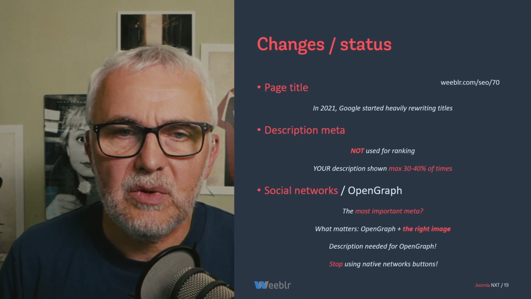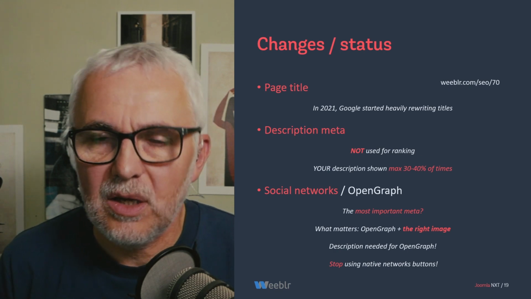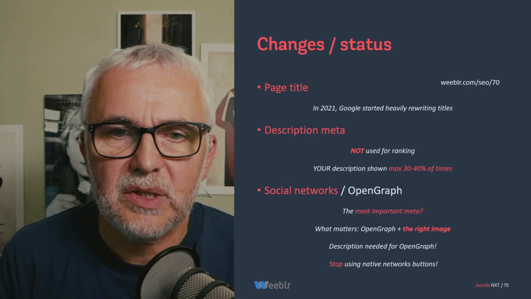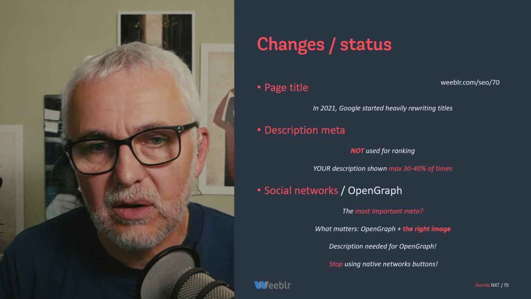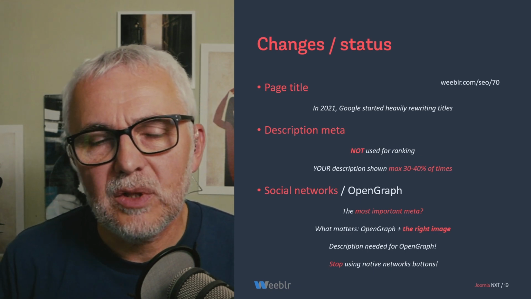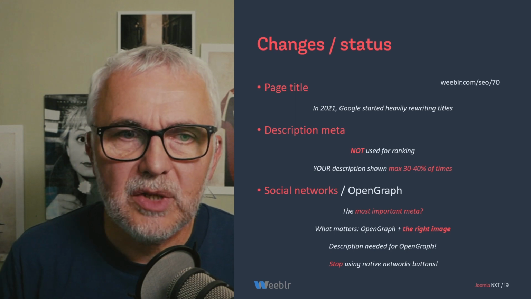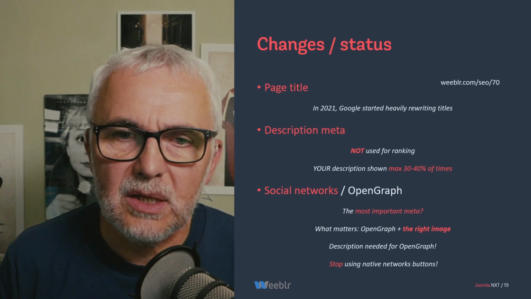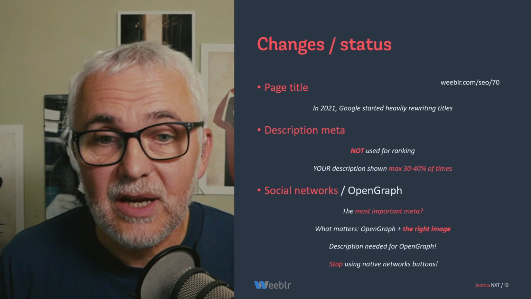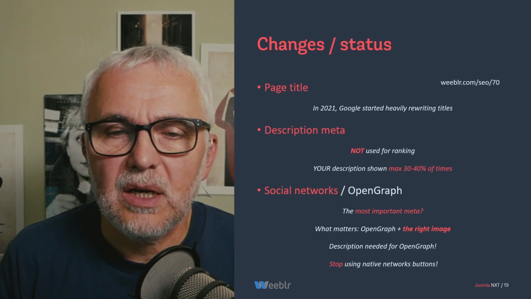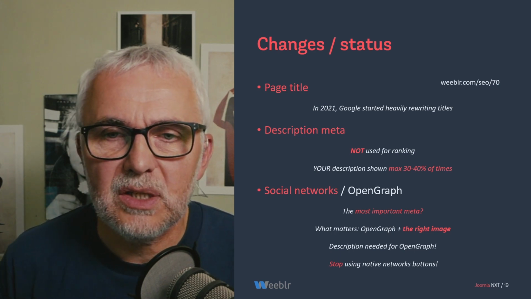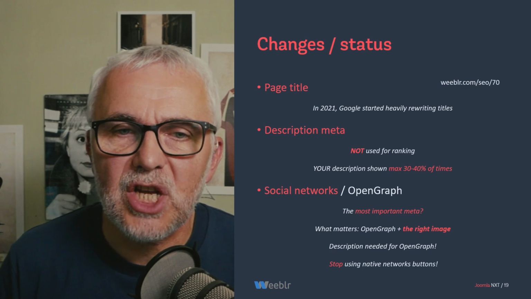Two things that I wanted to say. After all, we're talking about modern SEO, so it's important to know what's happening now. About the page title that you sometimes take a lot of time and effort writing: in 2021, Google started very heavily changing the titles.